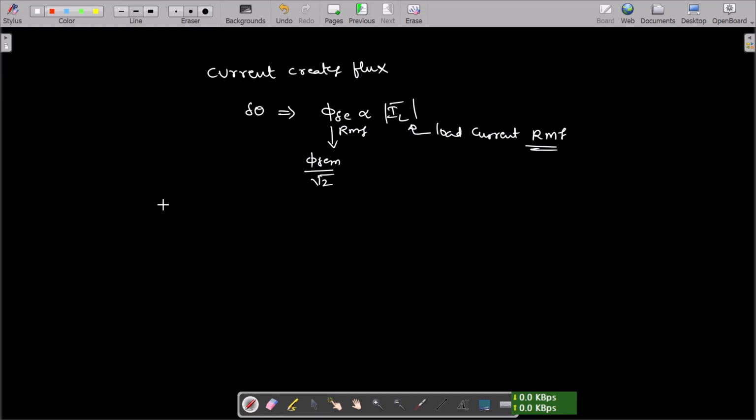That E1 is going to create eddy currents in the aluminum disc, which we represent as IE1. Similarly, phi SC, the series magnet flux, is also going to cut the aluminum disc, and another EMF, E2, is induced. This E2 will also create an eddy current in the disc, let us say IE2.